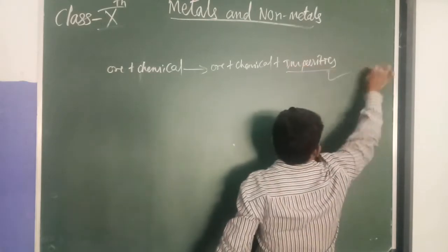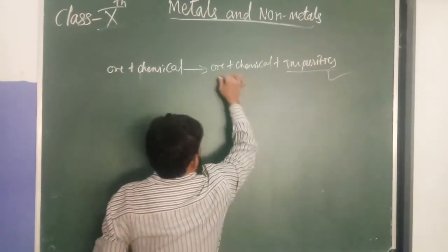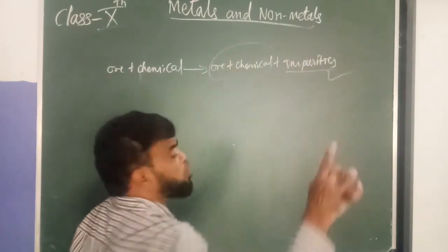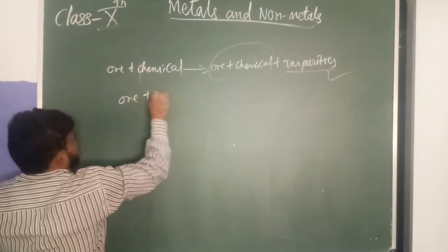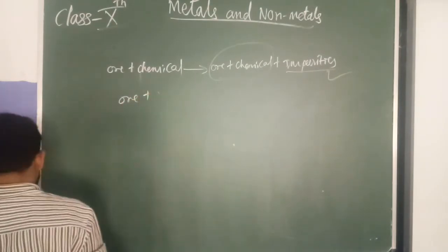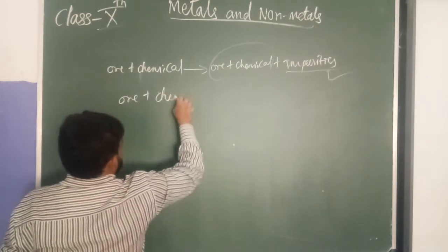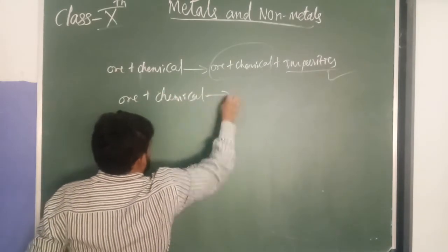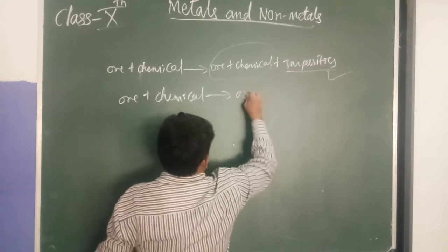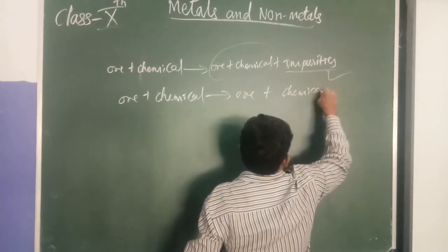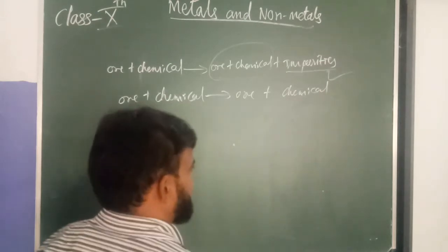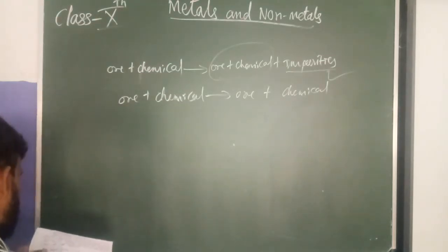The impurities have been separated. Then we want to separate the ore also. If you take ore plus chemical, the ore is separated and the chemical is also separated.